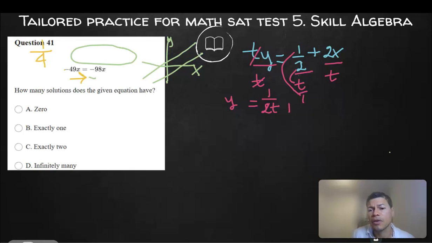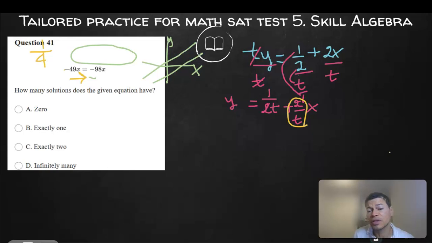So we have plus, and I'm going to do it here just so I don't have everything together. So we have 2 over t, x. Now, because of what we spoke about earlier, we know that the slope is the coefficient in front of the x.